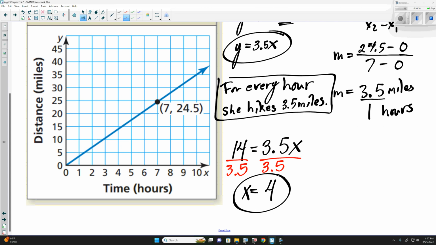So in 2 hours, she can travel 7 miles. We double that. 7 doubles to 14, 2 doubles to 4. So y equals 3.5x is the equation of the line.